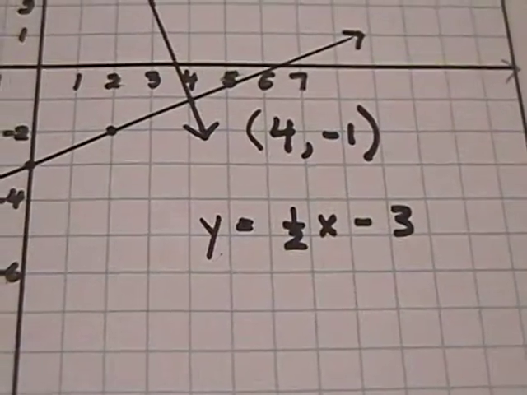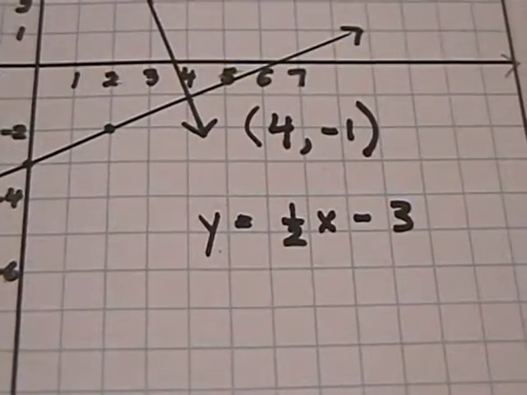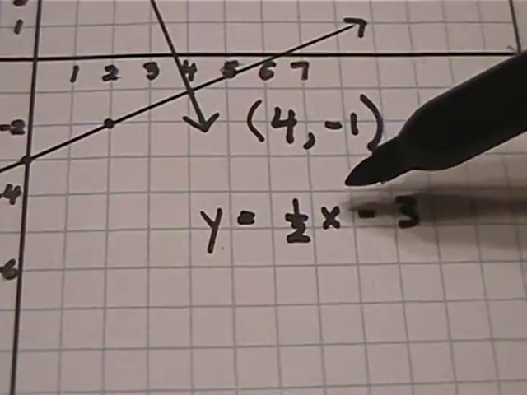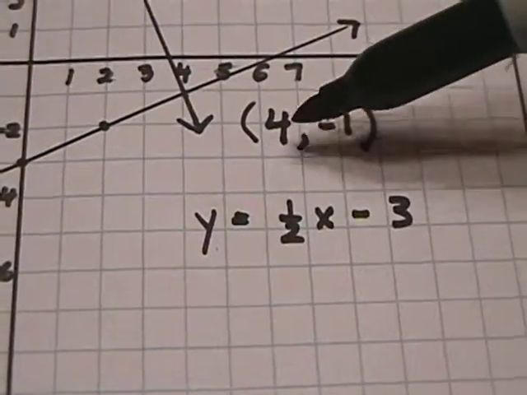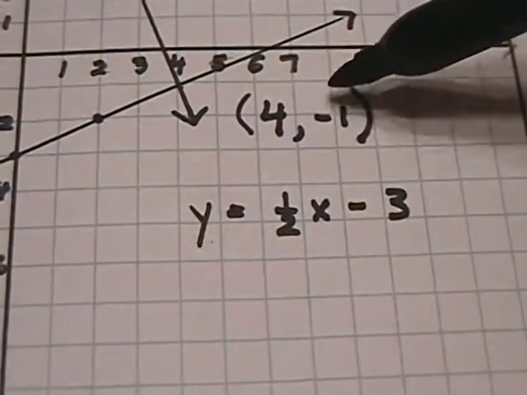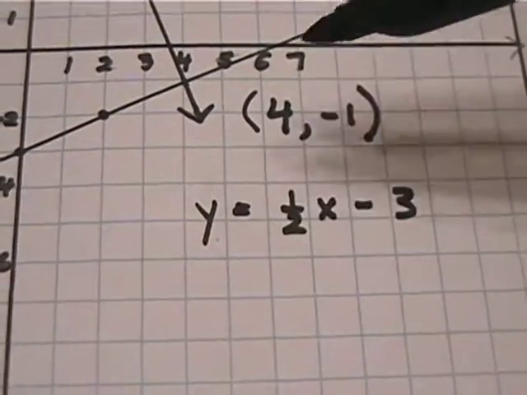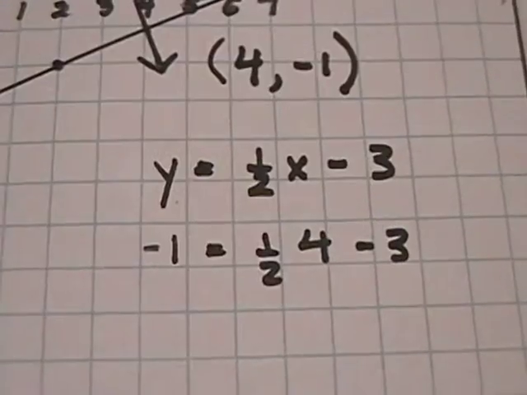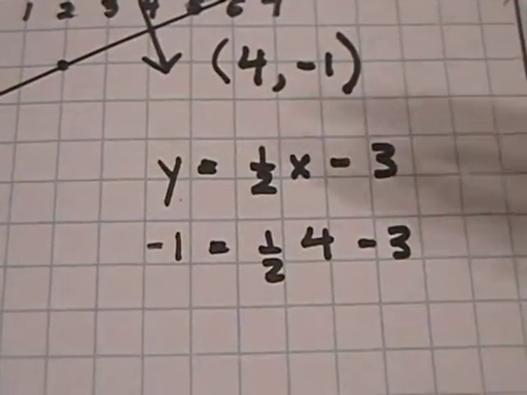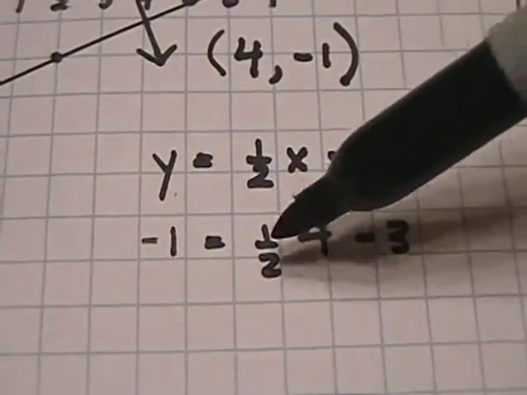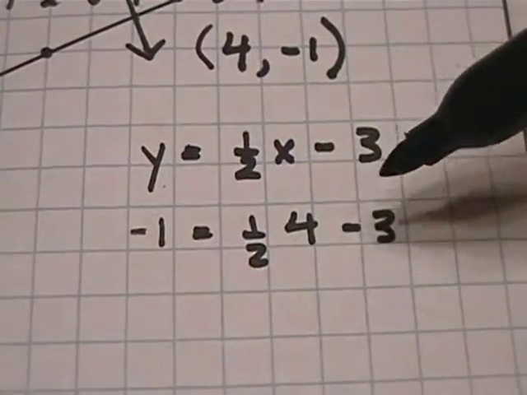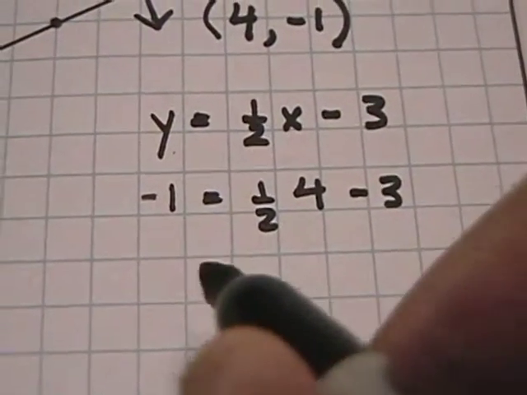Now to verify that this is a solution for this line, y equals 1/2 x minus 3, I can substitute this in for x and this in for y and see what happens. There's negative 1, 1/2 times 4, and then minus 3.